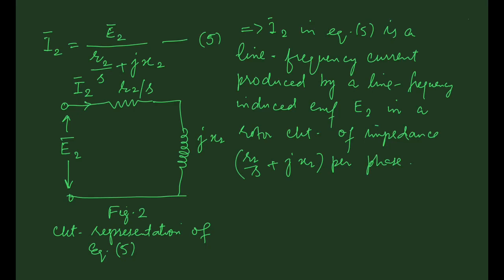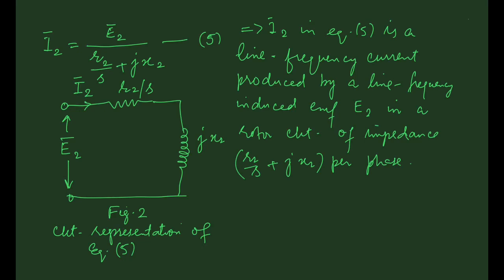Now we see that by doing the operation on equation number 2 to get equation 5 results in the rotor current whose magnitude and power factor angle remains unaltered. And we know that the only way the stator knows the rotor is through the MMF produced by the rotor currents.